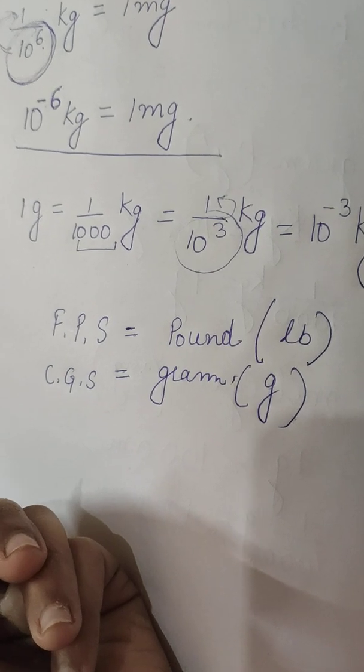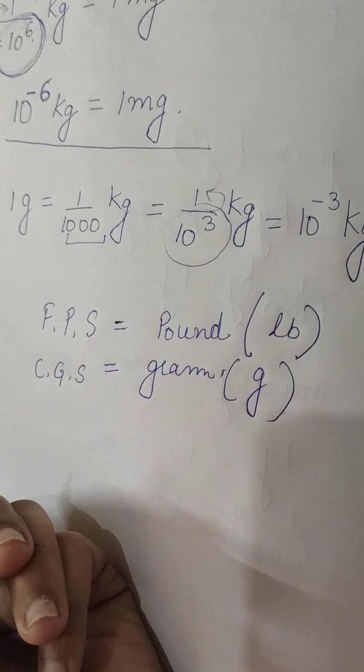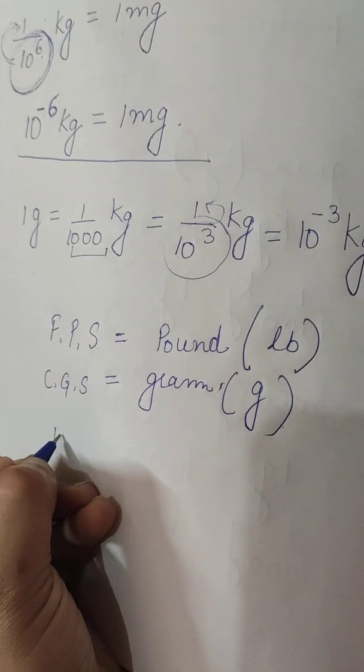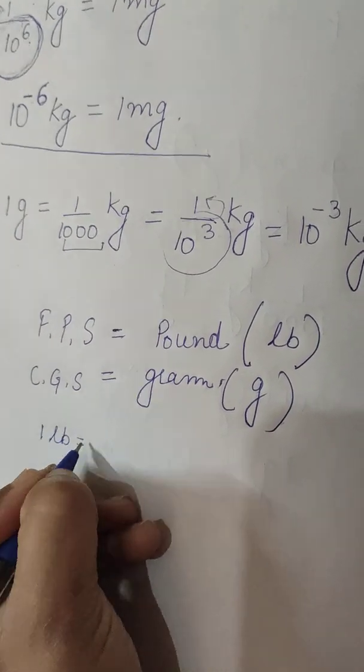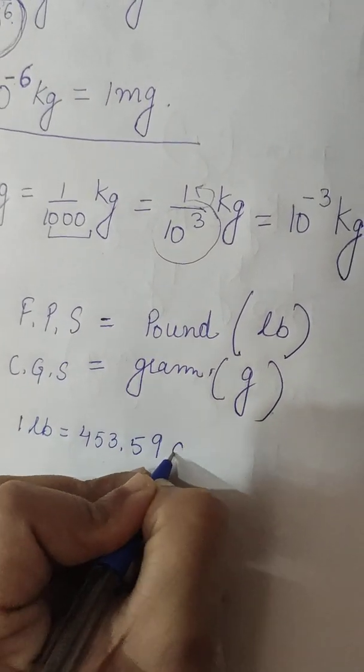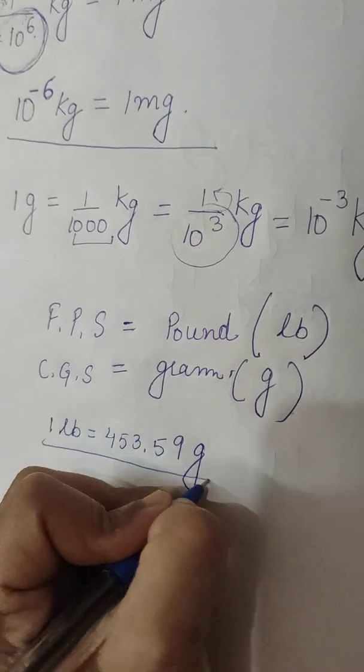Further values are given, beta. 1 pound is equal to 453.59 gram.